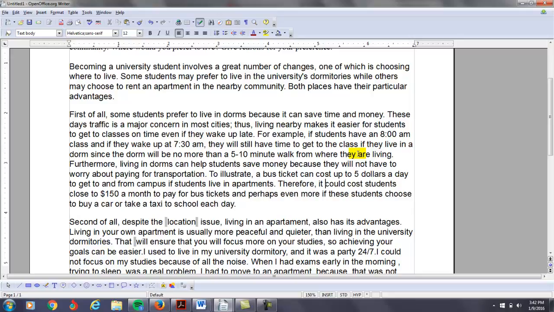Therefore, it can cost them close to $150 a month to pay for bus tickets, perhaps even more if these students choose to buy cars or take taxis to school each day.